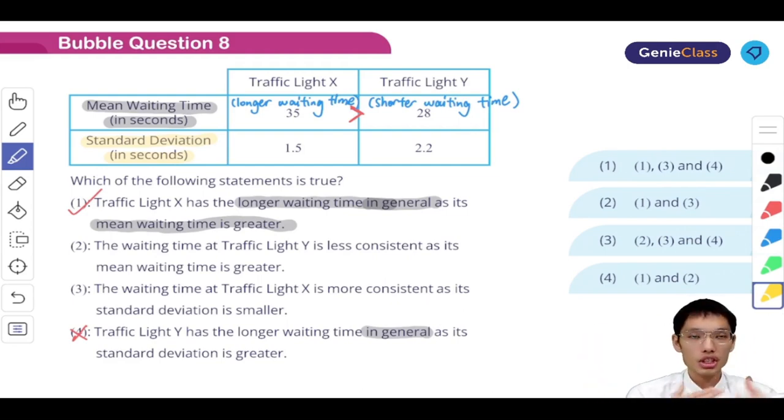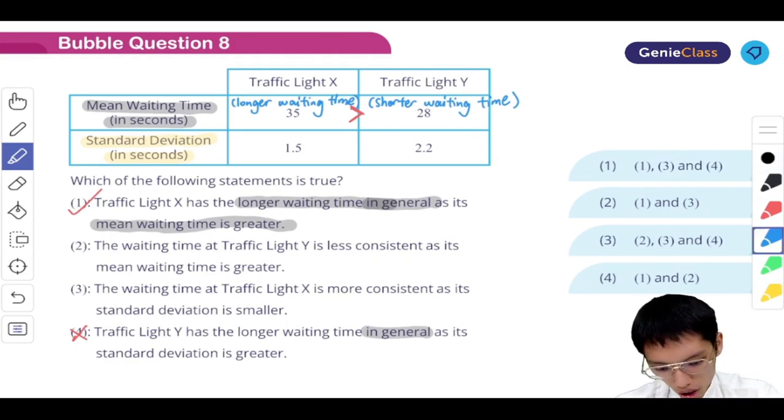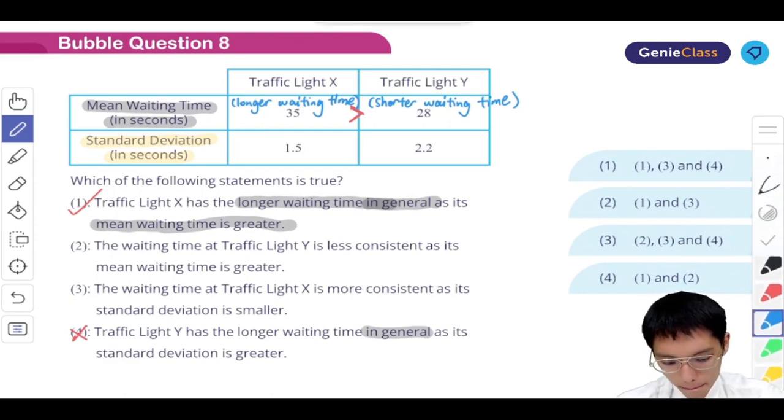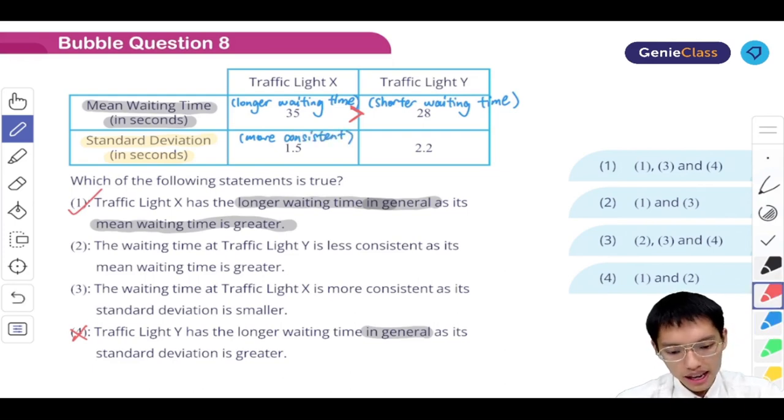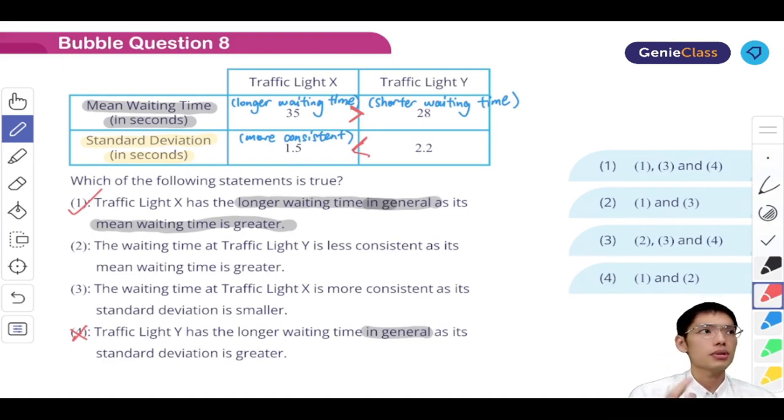Hence, the data is more consistent. Lower standard deviation, more consistent, because it is more concentrated around the mean. If I look at the data, it's more consistent because the data are closer to each other and closer to the mean.